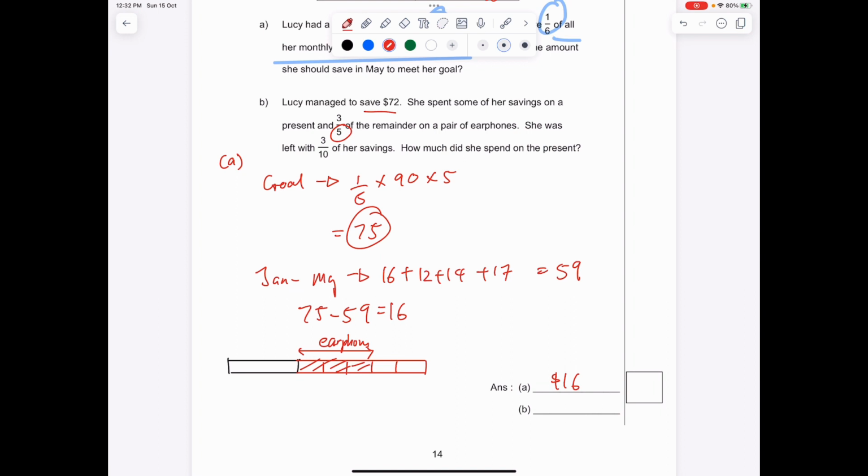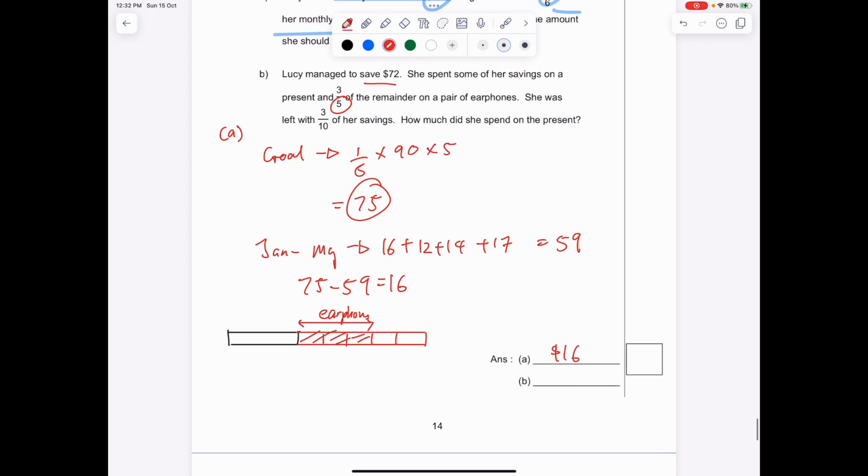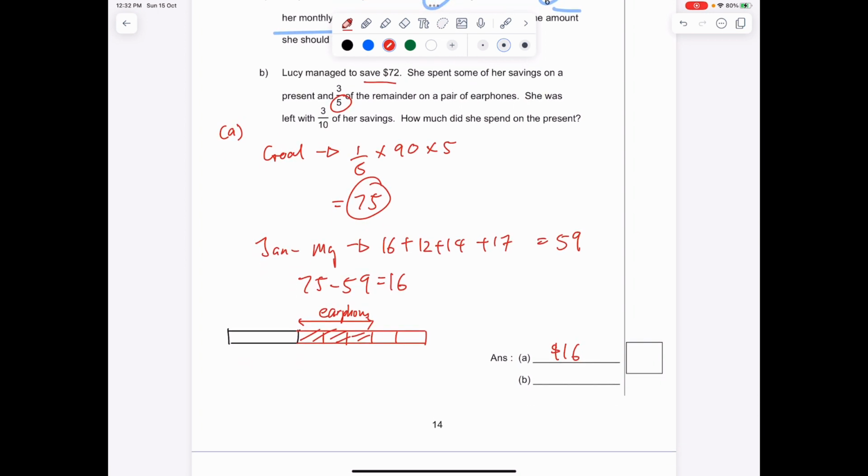Okay, and then after that she was left with 3/10 of her savings, correct? This part here is 3/10. So we need to know what is this 3/10 of savings.